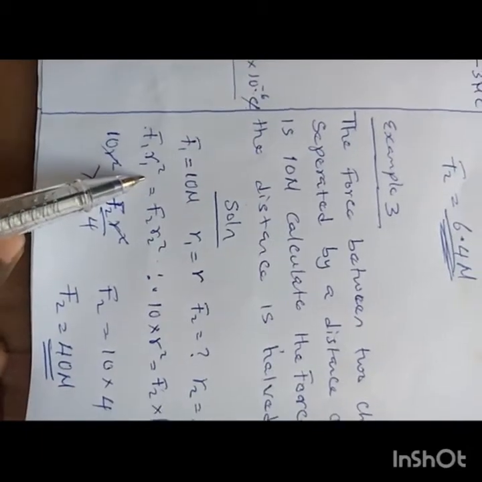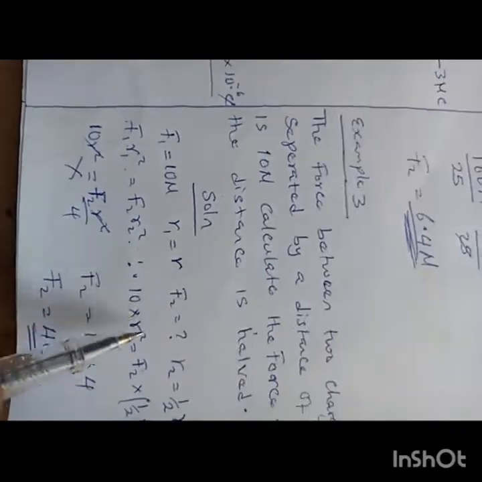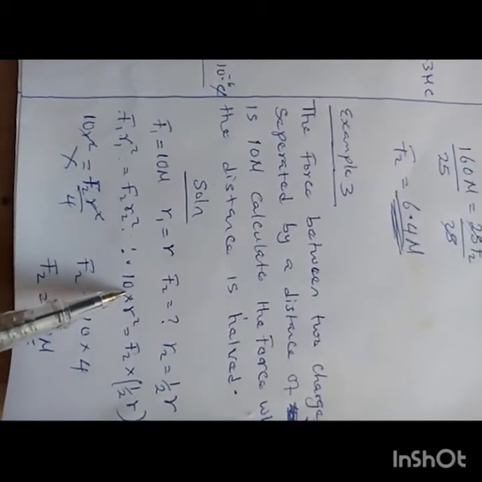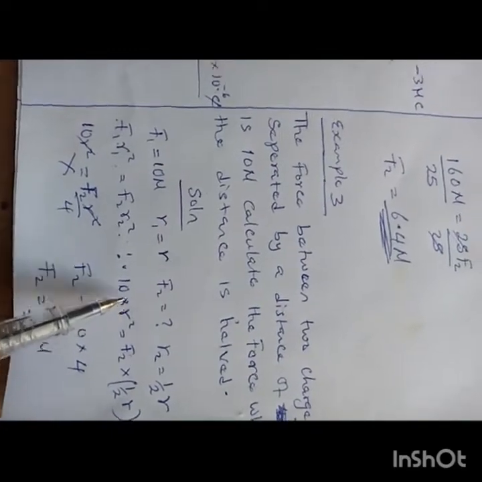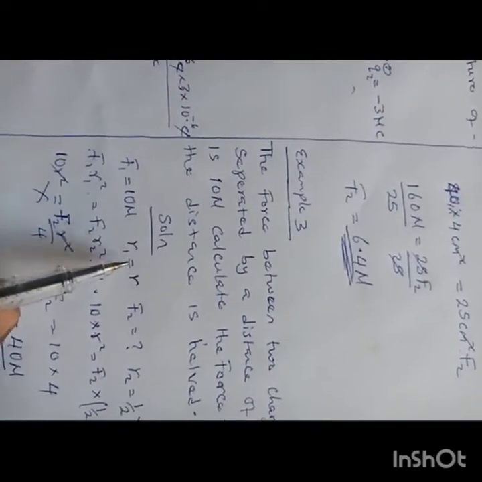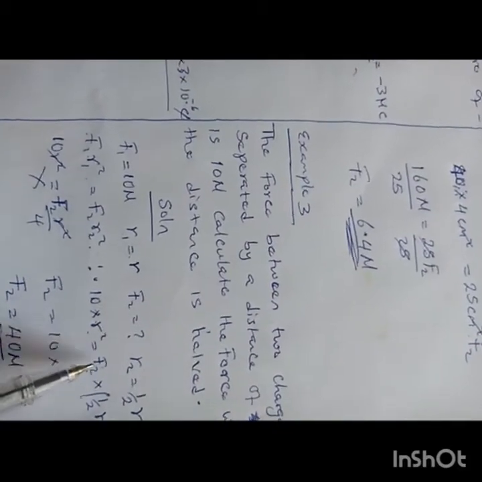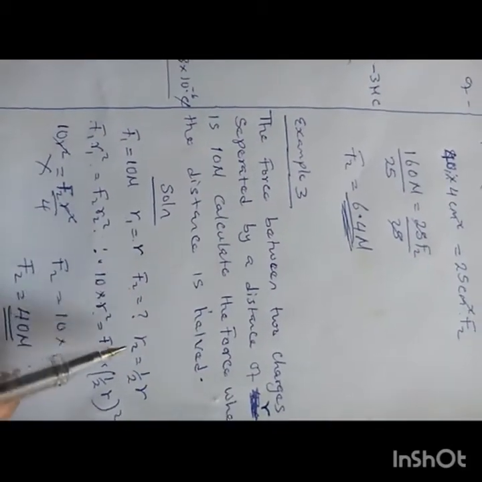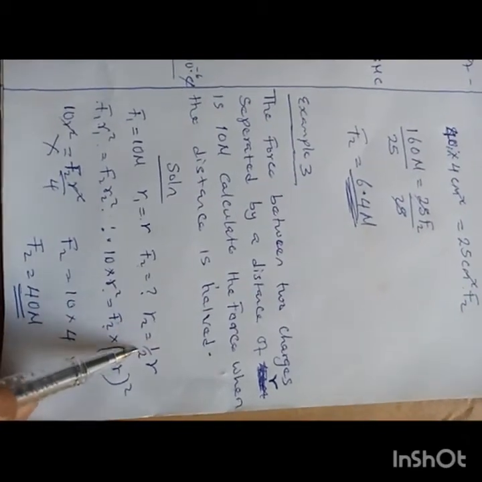So now from here, substituting into F1 R1 square equal to F2 R2 square, our F1 is 10 times our R1, which is r. R1 is r squared. Now F2 is F2, we don't know. Then R2 is 1 over 2r, so we put 1 over 2r all squared.